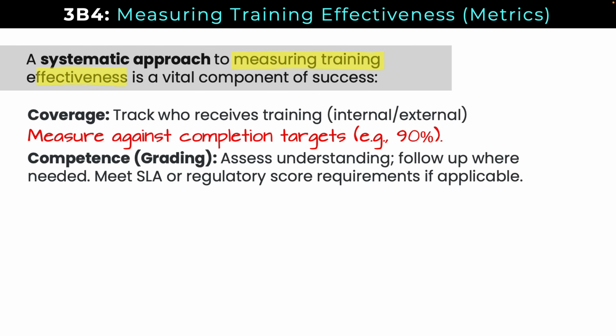Competence, some sort of grading. We want to assess that our users understand. This tends to be easier with computer-based training, that you can have a quiz at the end of each module to make sure that you can assess that they understood, they comprehended what they were reading or watching, and send them back to repeat where they did not.